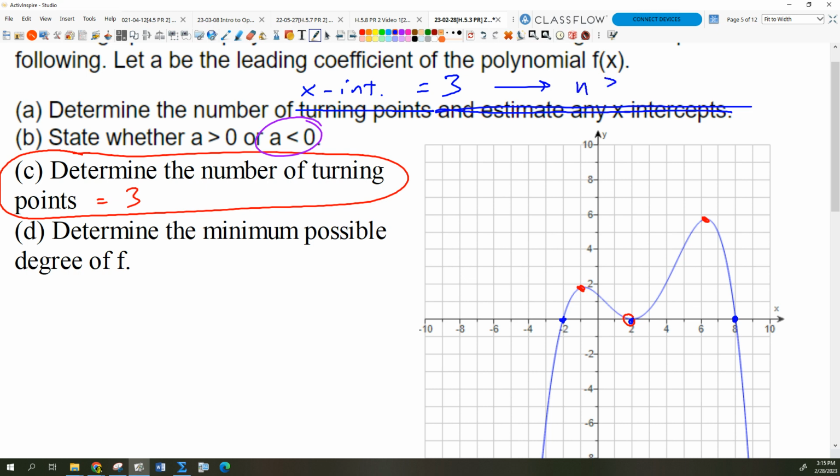So n has to be greater than or equal to 3. Okay, if the number of turning points is 3, what does that imply about the minimum degree? Now think hard about this. If the number of turning points is 3, then the minimum degree would be what? Is it 2 or is it 4? Because I'm seeing it's different, right? How come?